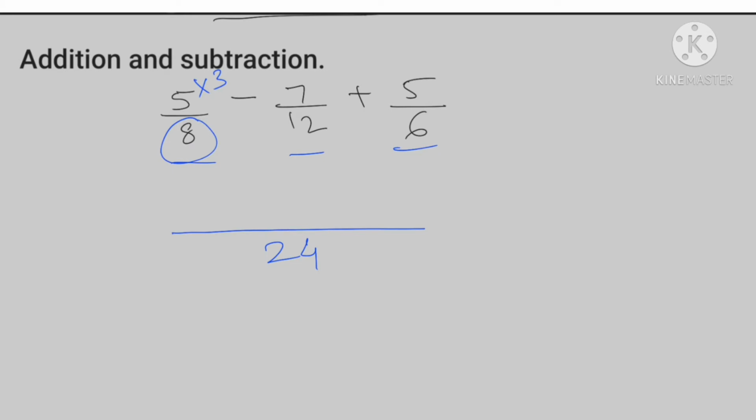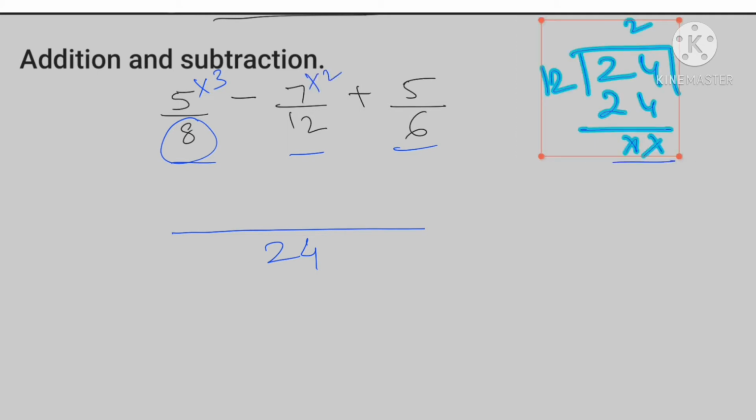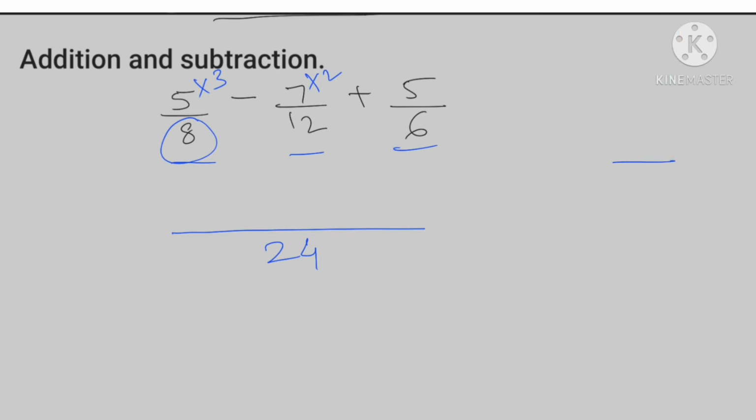Now for 12 and 24, if I divide 24 by 12, 12 2s is 24, so this 2 will come out here. Now we have 6 and 24, so 6 times 4 will give you 24.